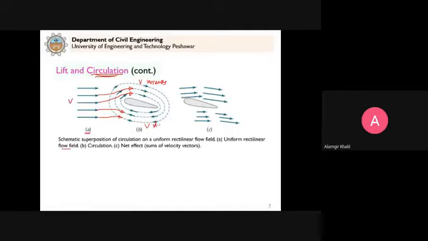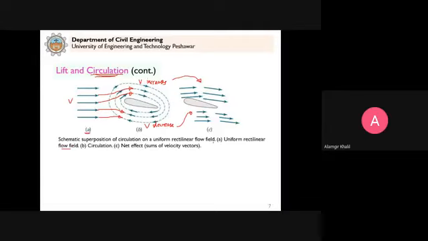So velocity decreases here as a result of this, and velocity increases at the top surface, which is shown by the large size of vectors here. V increases here, and you can see small vectors here, the velocity decreases at the lower surface of this object.